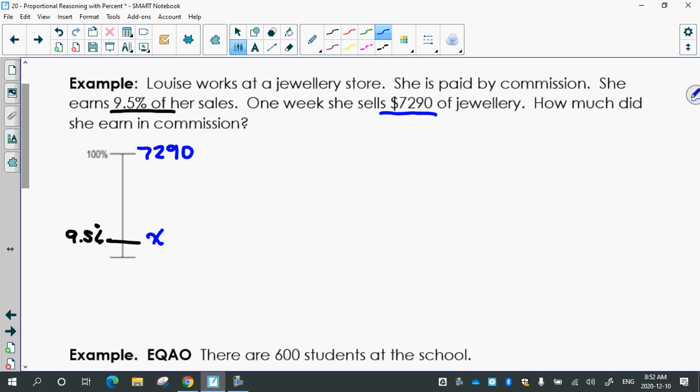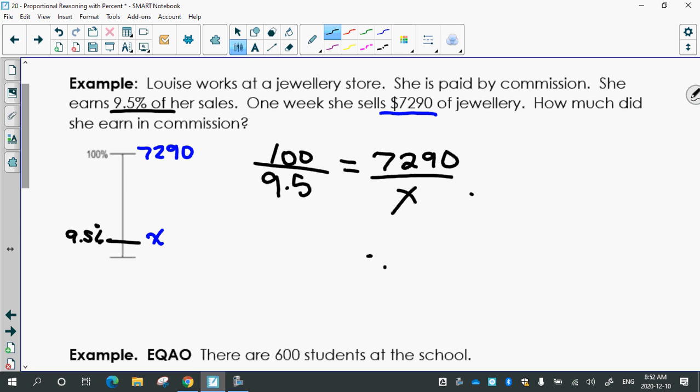So from that diagram, you can build your proportion. 100 over 9.5 equals 7,290 over X. And you can cross multiply.